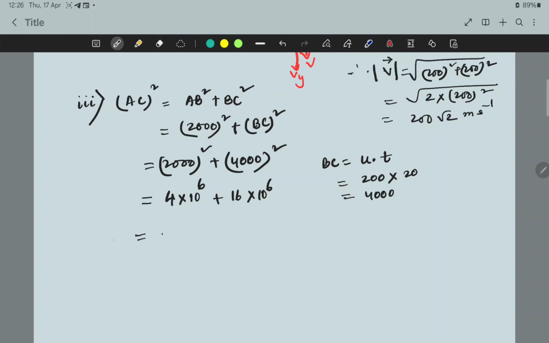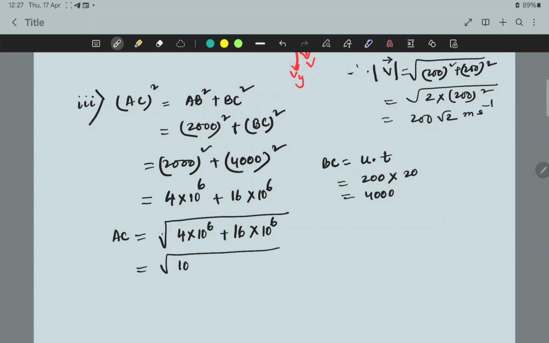So AC will be root over of 4 multiplied by 10 to the power 6 plus 16 multiplied by 10 to the power 6. If we take 10 to the power 6 common, then it gives us 4 plus 16.